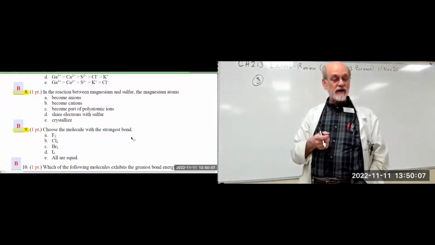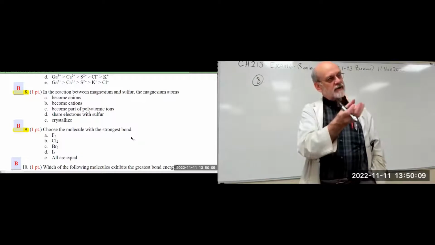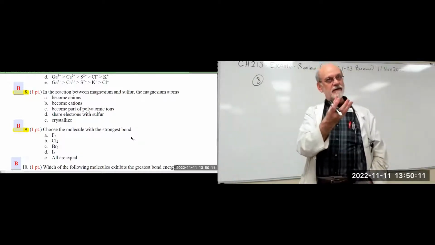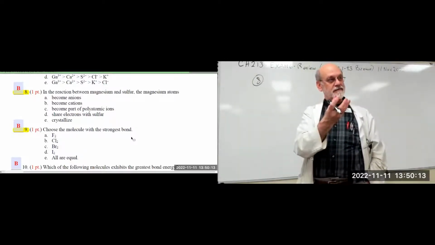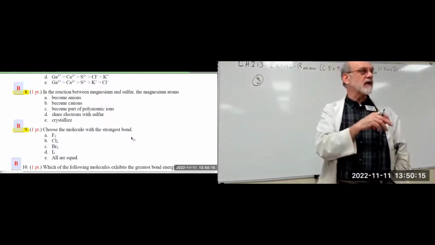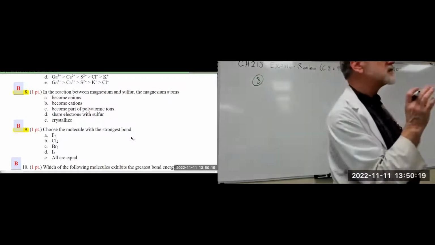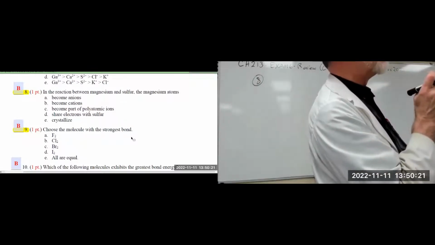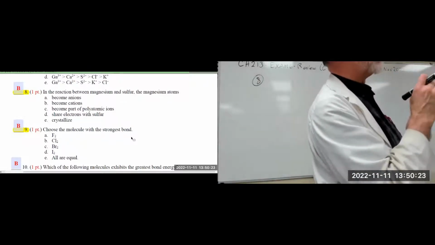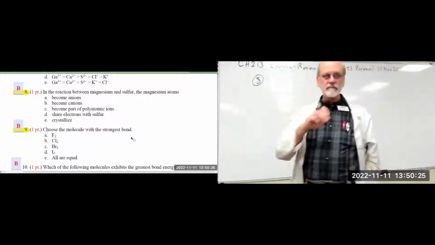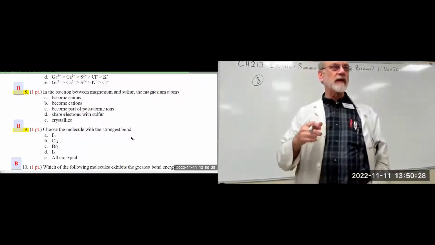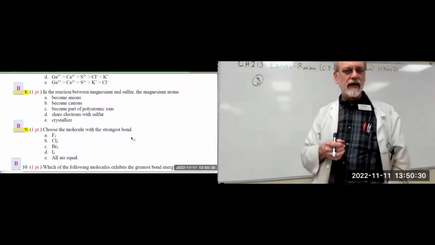Doesn't become part of a polyatomic ion because polyatomics are covalently bound. Right? So polyatomics are always non-metals. They form covalent bonds to form that ion.